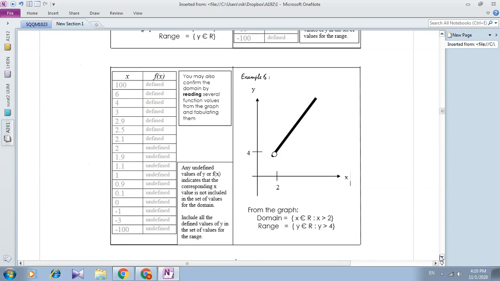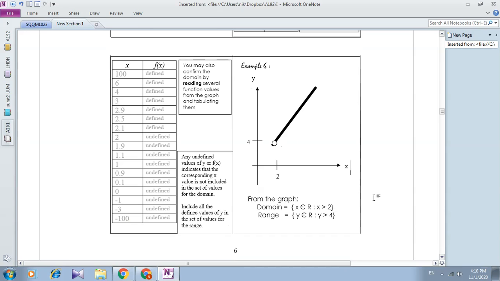And then in example 6, we have this linear graph, but be careful, the graph starts from a white dot. The white dot is not a value input.